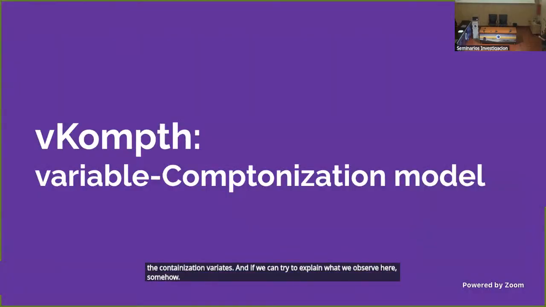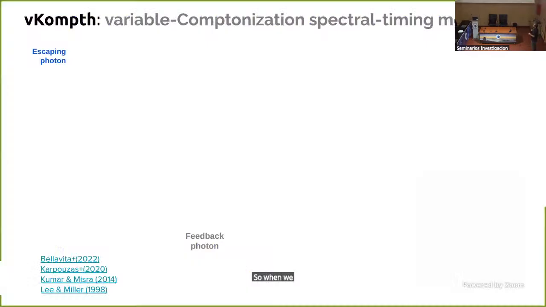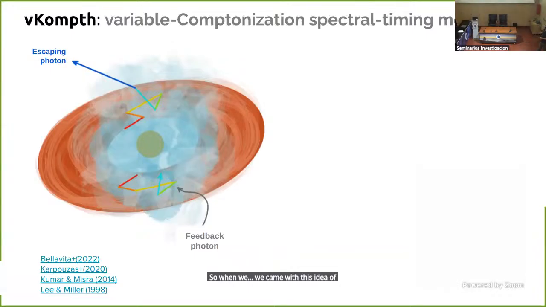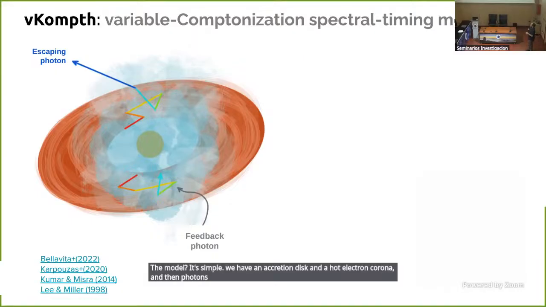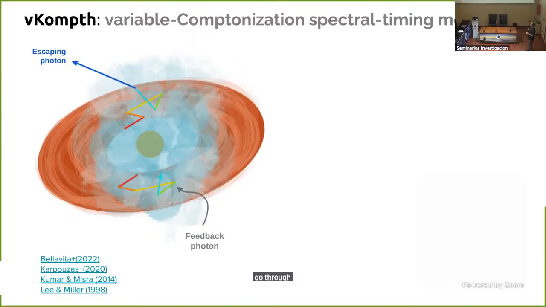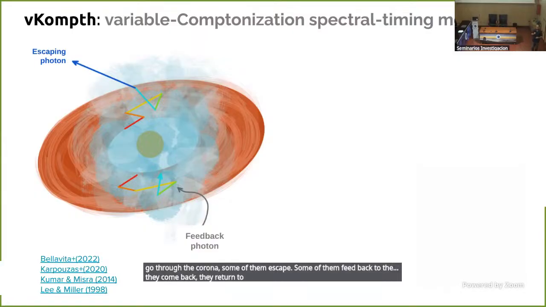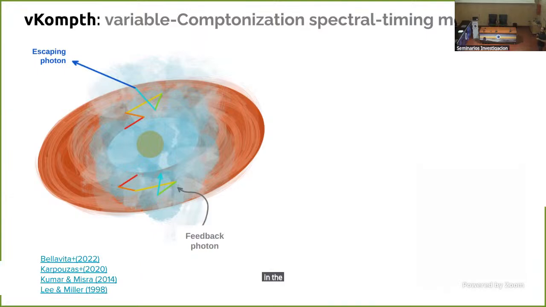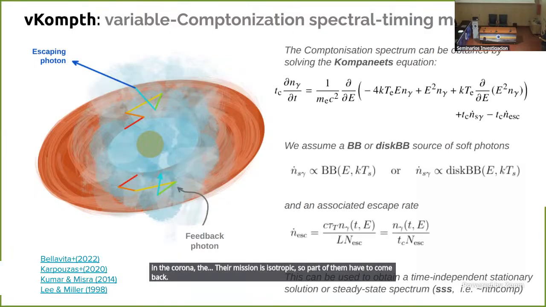So we came up with this idea of a variable Comptonization model, and the model is simple. We have an accretion disk and a hot electron corona, and photons from the accretion disk go through the corona. Some of them escape, some of them feed back to the disk. They return to the disk just because in the corona the emission is isotropic, so part of them have to come back to the disk.